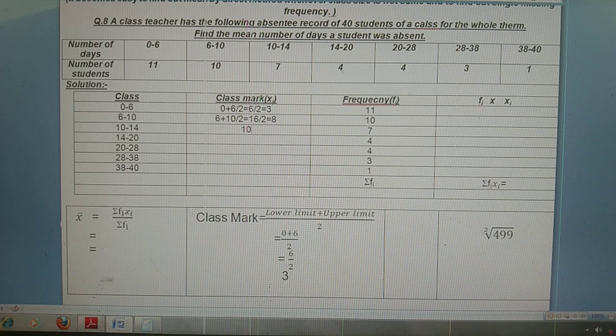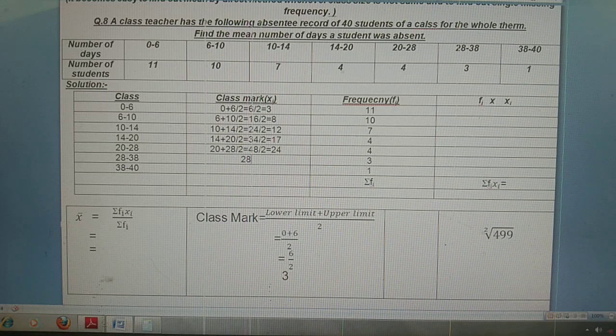Here lower limit 10 plus upper limit 14 divided by 2 equals 24 divided by 2 equals 12. Lower limit 14 plus upper limit 20 divided by 2 equals 34 divided by 2 equals 17. Lower limit 20 plus upper limit 28 divided by 2 equals 48 divided by 2 equals 24.